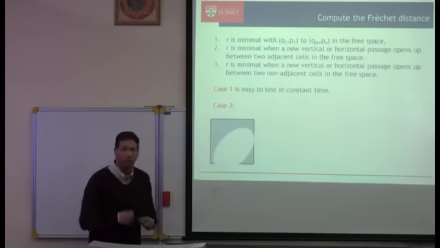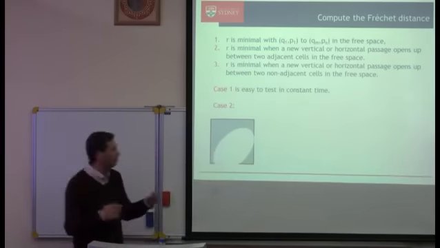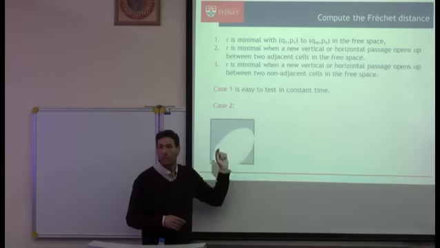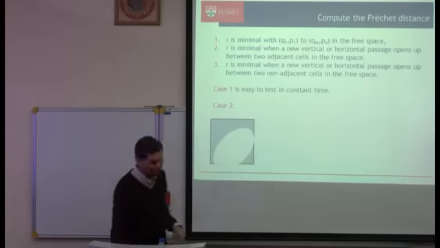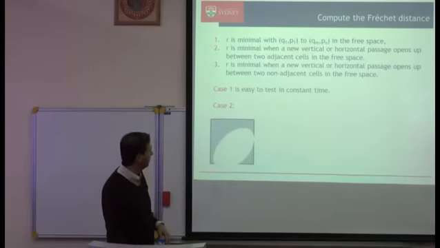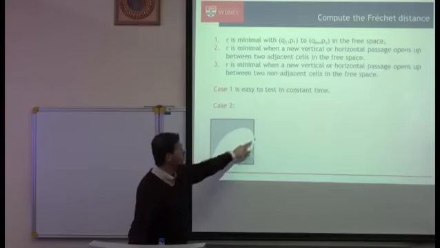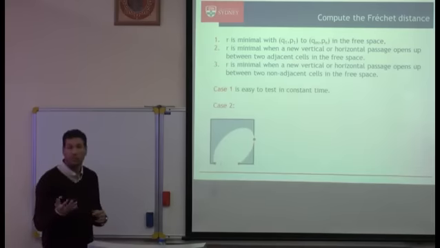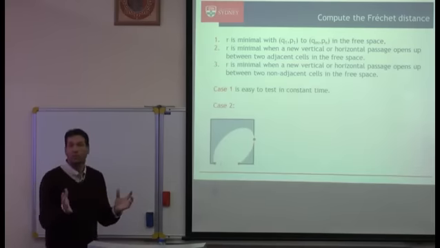But at some point, this radius will grow so much that it will hit this boundary. And this opens up a passage to the next cell. So we get a new passage here, and from these two critical points, we can now go to the next cell. So this is an event, because all of a sudden the structure of the network changes.